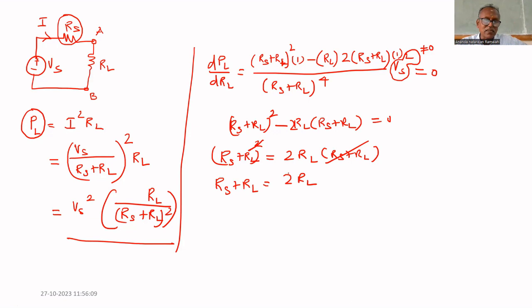One RL gets cancelled, and we get Rs equal to RL. If the source impedance equals the load resistance, the load impedance, then the power will be maximum.